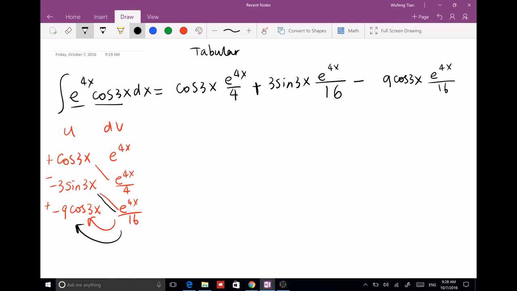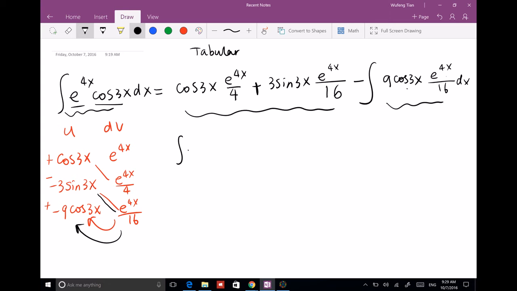These two together, and you have an antiderivative, continue dx. Then this part is totally great. We have one part that is exactly the same thing as this. e to 4x cosine 3x is pretty much the same, just with a different coefficient.